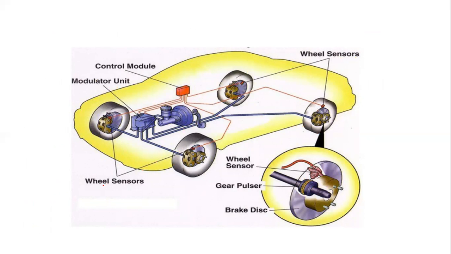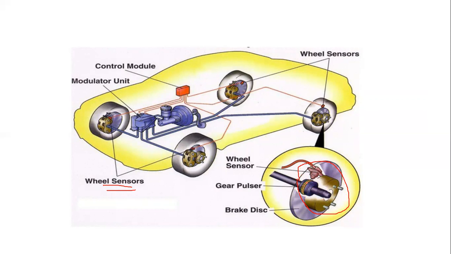We can see wheel sensors, as we have seen in the ABS. This is the exact sensor diagram, the same sensor which we have seen in the previous ABS layout. But in that case, we couldn't see this sensor in a scaled up manner. Here we can see the sensor clearly.